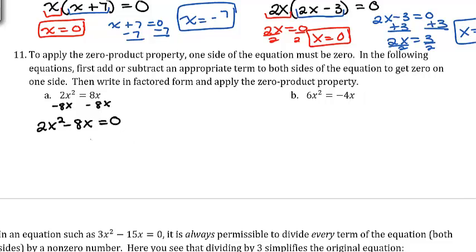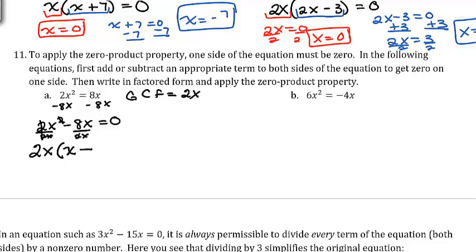So now I can factor out my GCF. And the GCF here is going to be 2x. So again, we're dividing each of these by 2x, and that's what goes in our parentheses. So these 2's cancel, and this x cancels with one of those, leaving us with an x.